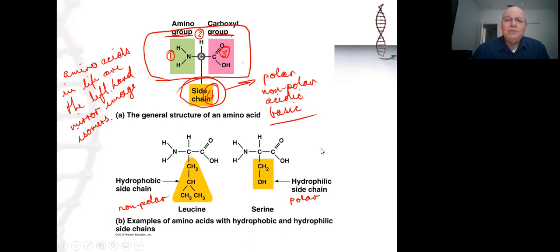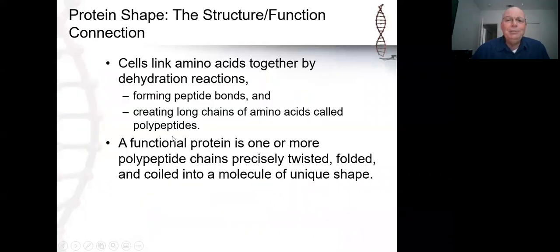So when we start to make polypeptides and proteins, we are going to start linking the amino acids together in chains. The covalent bonds that are used to link the amino acids together were named peptide bonds by the German chemists who first identified this nature of proteins. So this is the reason why a long chain of amino acids is referred to as a polypeptide, many peptide bonds.